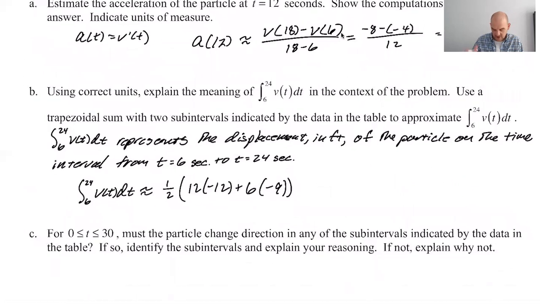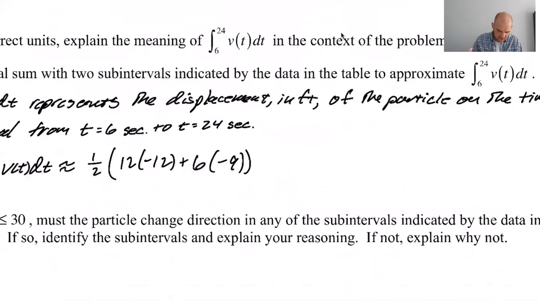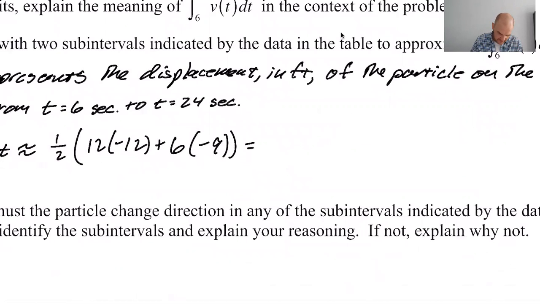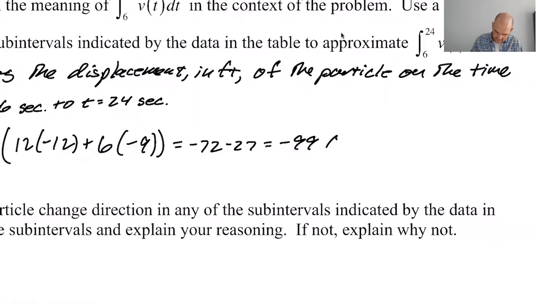This is going to be measured in feet. This is where I hate the rule about not having to simplify. Technically you don't need to simplify, but then how do you say where you are? So I'm going to simplify: 6 times negative 12 is negative 72, and 3 times negative 9 is negative 27. So I get negative 99. This is in feet.